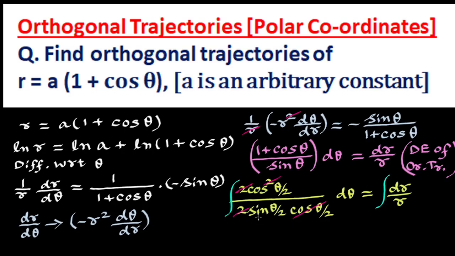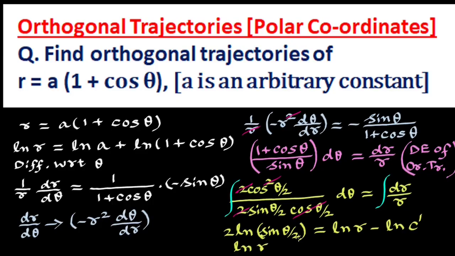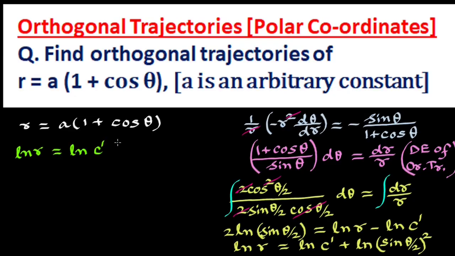Since the derivative of the denominator sin theta by 2 is in the numerator cos theta by 2, integration will be ln sin theta by 2 upon half, which is 2, equals ln r minus ln c dash, constant of integration, which is ln r equals ln c dash plus ln sin theta by 2 whole square. This will be ln r equals ln c dash sin square theta by 2. R equals c dash sin square theta by 2.